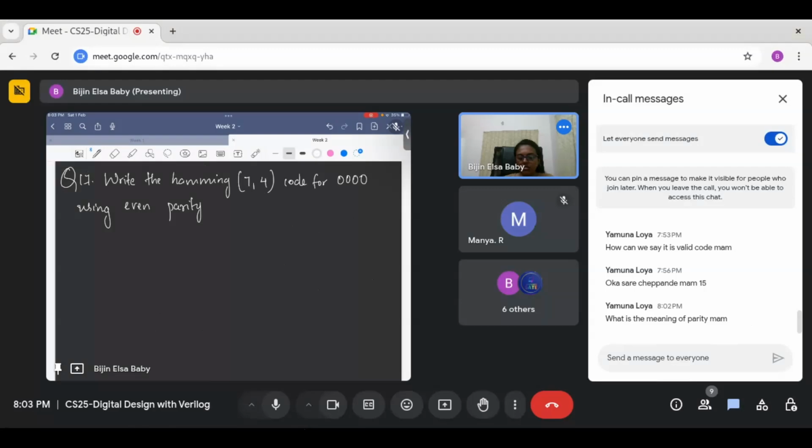Parity means, if it is even parity and you have an even number of ones, then the parity bit is 0. And if you have an odd number of ones, then the parity bit is 1.